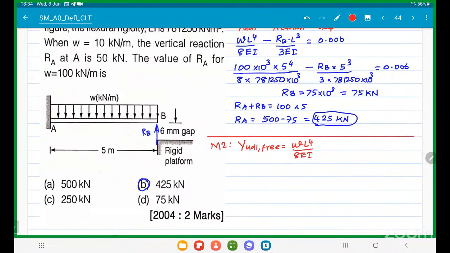Some students are having doubt in their mind, they did not ask, but I know. Calculate this: 100 into 10 power 3 into 5 power 4 by 8 into 781250 into 10 power 3. How much are you getting?